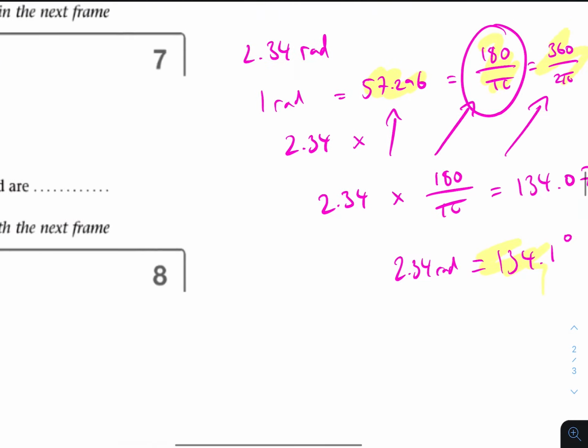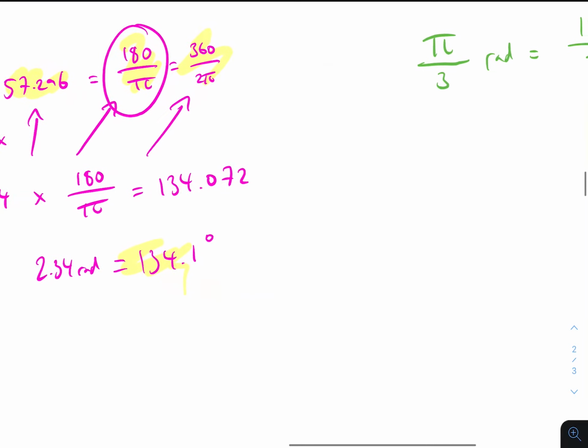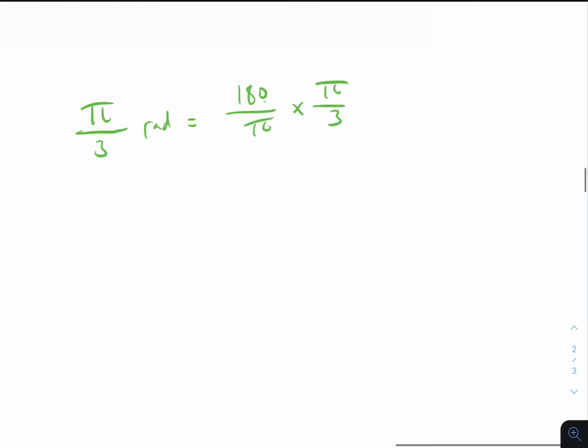Pi over 3. Cool. So pi over 3 radians is equal to, remember, 180 over pi, just the same as we did last time with 2.34. So we would just do 180 over pi times pi over 3 radians.